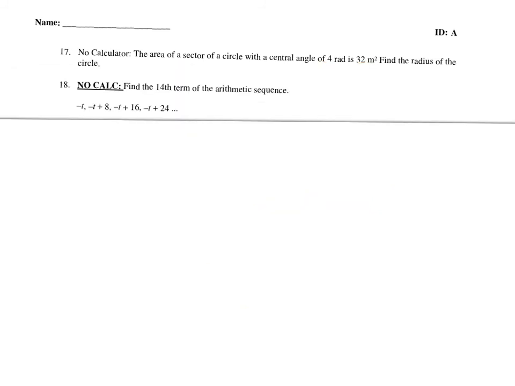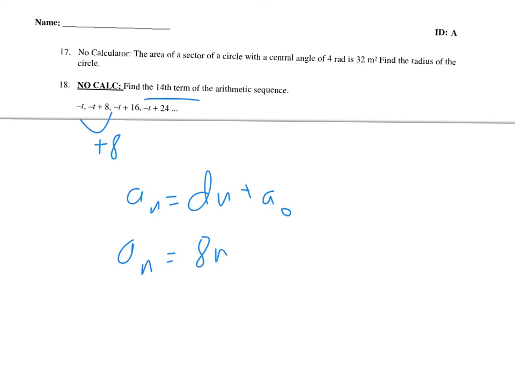All right, next up here, I want to find the 14th term of the arithmetic sequence. So I would write an explicit formula for this. I see that every time we're adding 8. So this is like dn plus a sub 0, kind of like mx plus b. I know that my common difference is 8, so I'm going to say 8n.